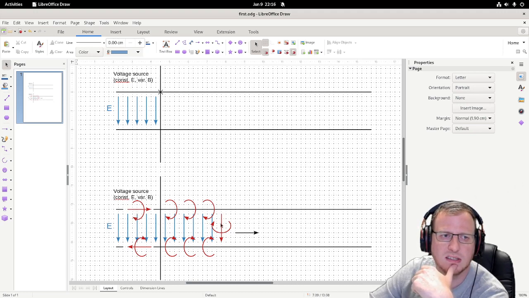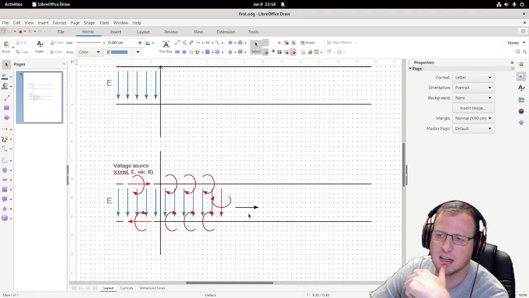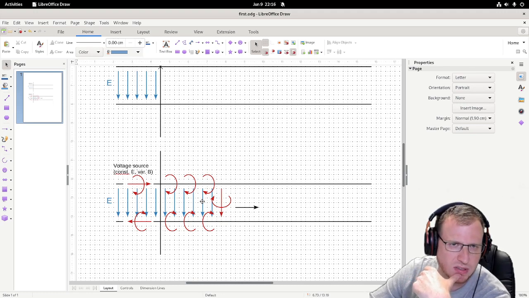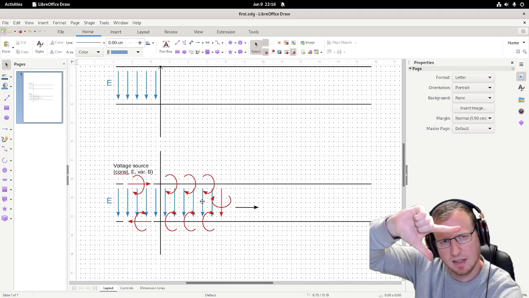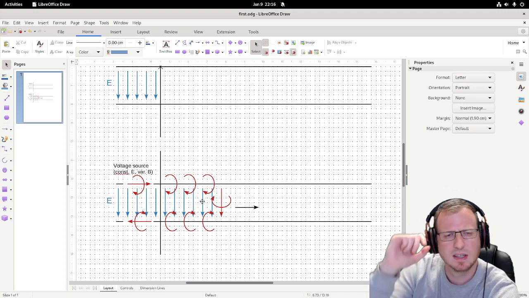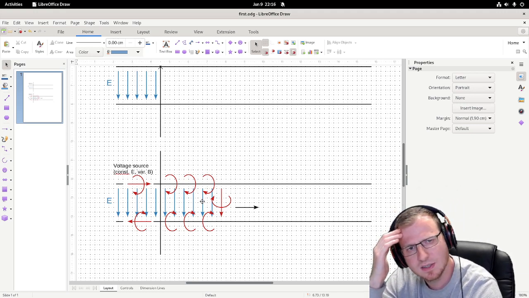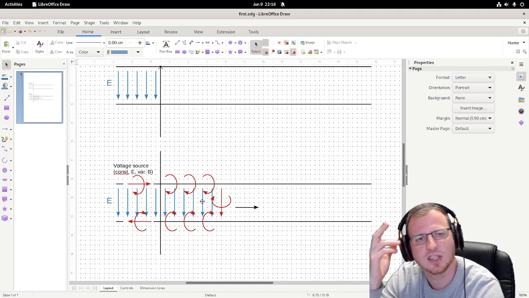A current is establishing the electrical field along the transmission line. And there is another thing that's called the Poynting vector. The Poynting vector is the cross product of the electrical field and the magnetic field. This tells you in which direction the energy is flowing.